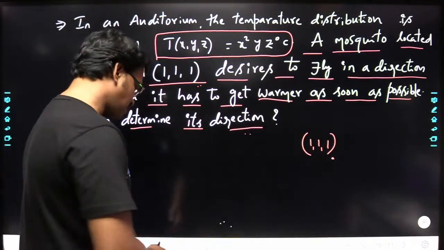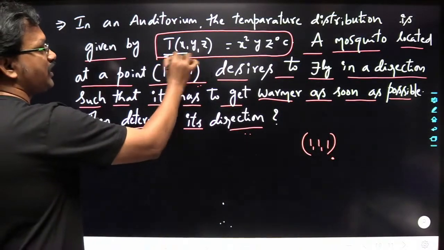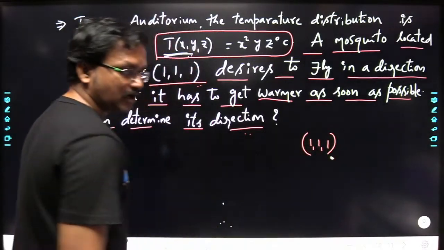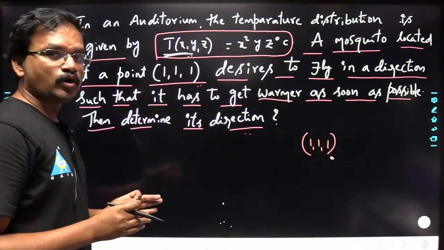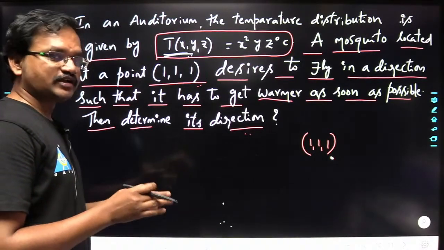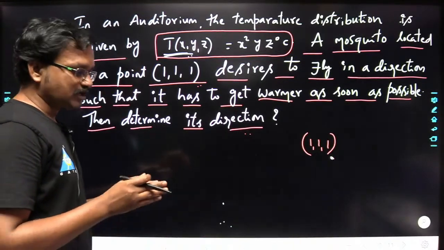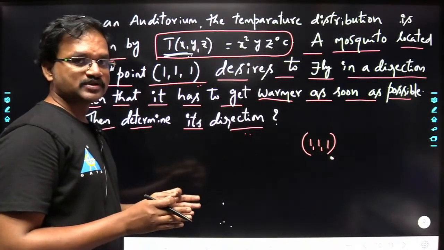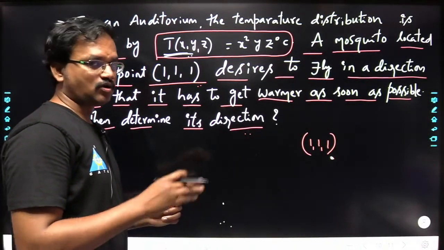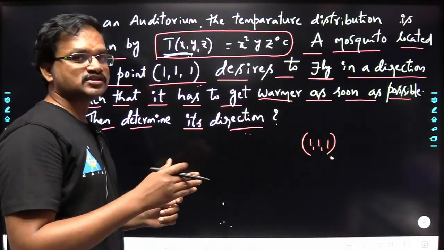So if you try to determine the gradient of this temperature function at this particular point 1, 1, 1, you are going to get a vector. Yes or no? That vector is going to have both magnitude as well as direction. The magnitude represents the maximum change in function. And the head of the vector represents the direction in which this maximum change is occurring.